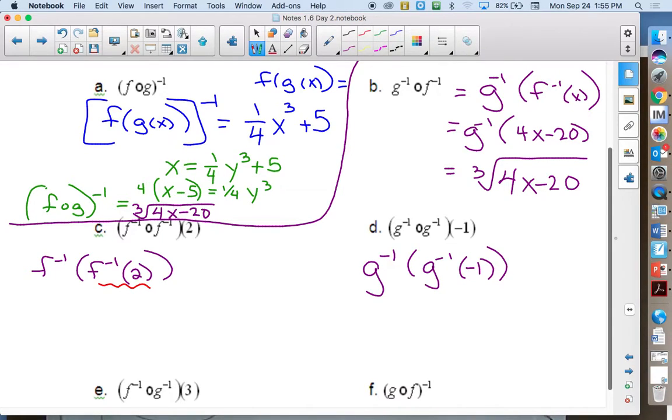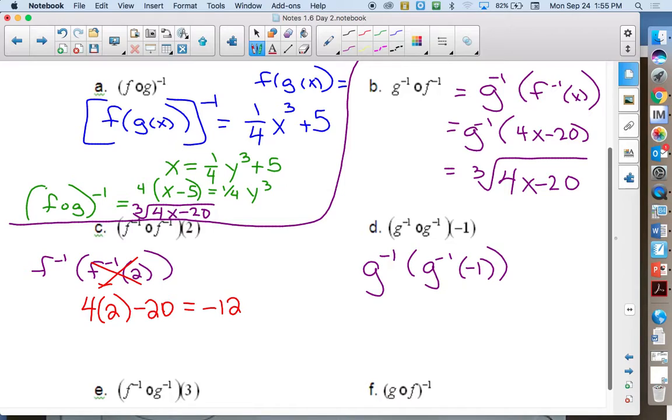So working on the inside, you're taking the inverse of f, plugging in a 2, so that should be 4 times 2 minus 20, which is negative 12. Then you're taking that answer and plugging it back into the inverse of f a second time.